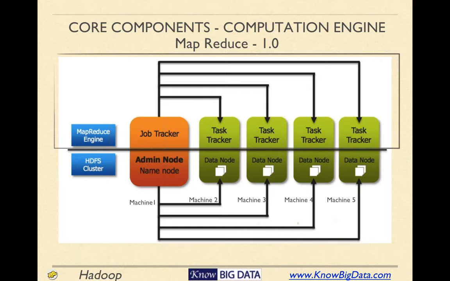So there might be multiple data nodes, but only those will be utilized which are closer to the data.